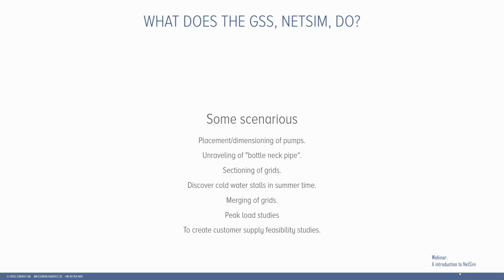It could be dimensioning of new pipes, of course. You can also, with the system, quite easily unravel bottleneck pipes, so tight sectors in your grid. You can also do some kind of sectioning for the grid if you need to do so for a new construction site, for example.